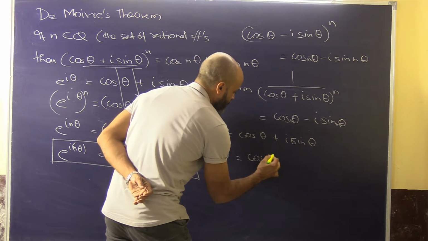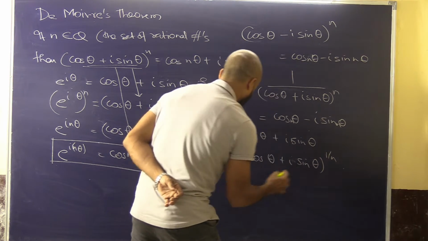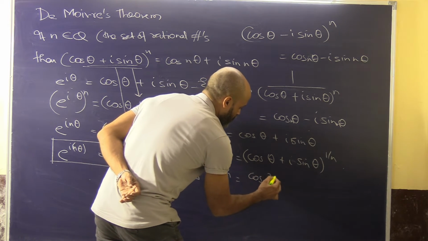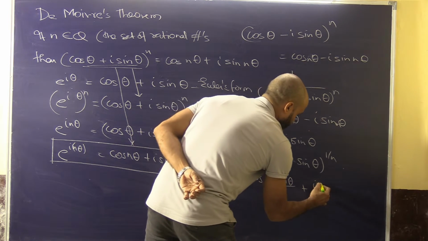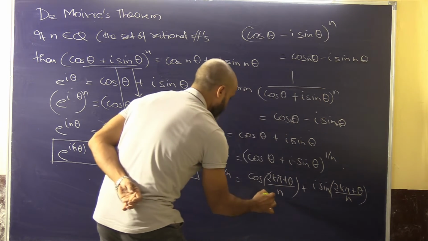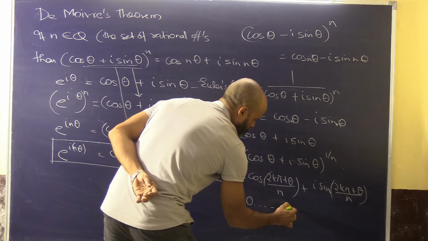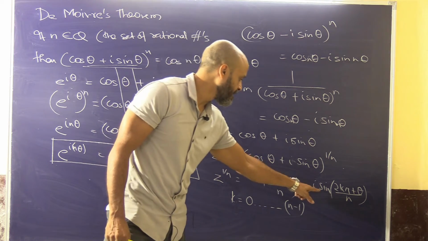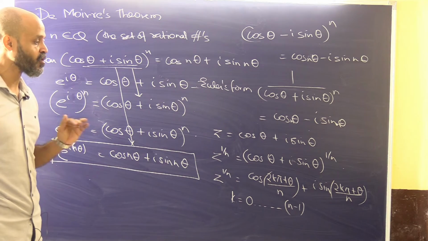In this case it will be (cos theta plus i sin theta) to the power of 1 by n, which means z^(1/n) will be equal to cos((2k pi plus theta) by n) plus i sin((2k pi plus theta) by n), where the value of k is anywhere between 0 to n minus 1.